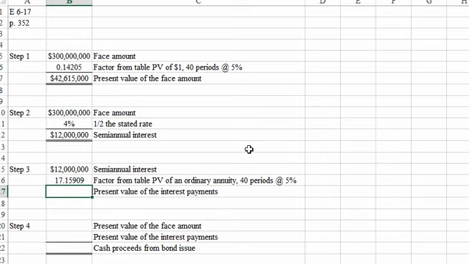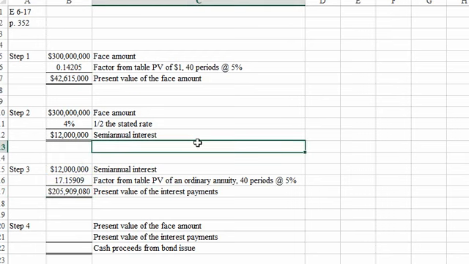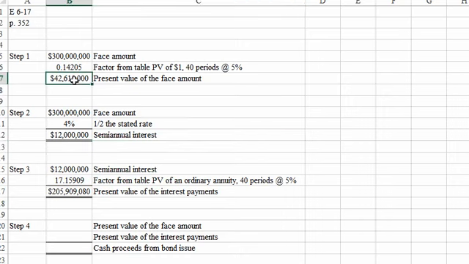Now we'll multiply those two together. And we get $205,909,080. Now we have the present value of the face amount, $300 million to be received in 20 years, assuming interest is payable every 6 months over that 20-year period at a rate of 5% every 6 months.